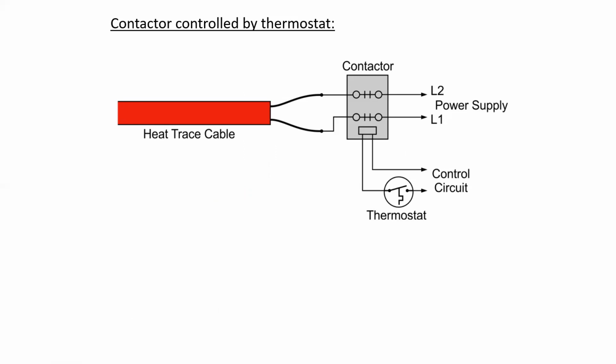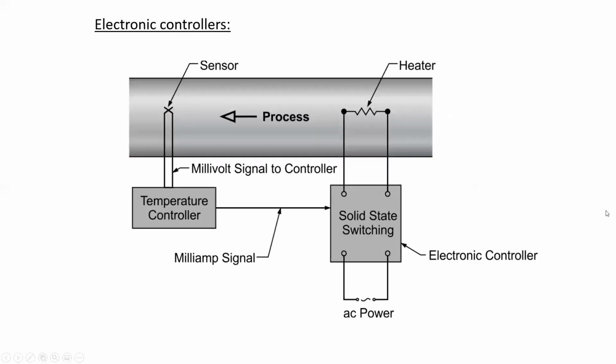This would be used in a situation where the current value of the heat trace cable to be controlled exceeds the rating of the thermostat. And finally, electronic controllers, where we can use electronics to accurately control how hot the heat trace gets based on feedback from a sensor.